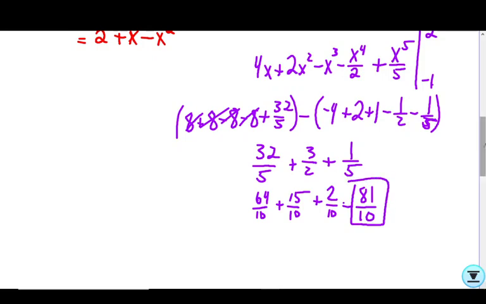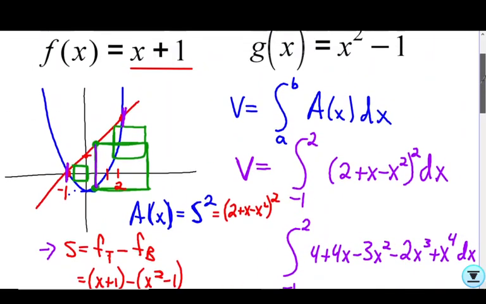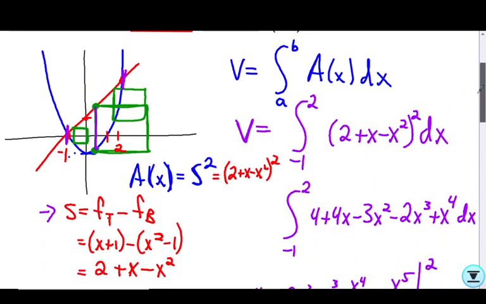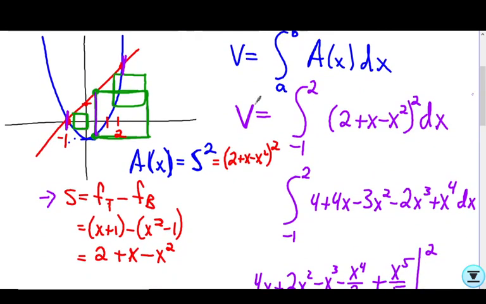Really the hardest part here is finding this equation right here. Once you get this, it's just the calculus we've been doing over and over again. It's a definite integral.